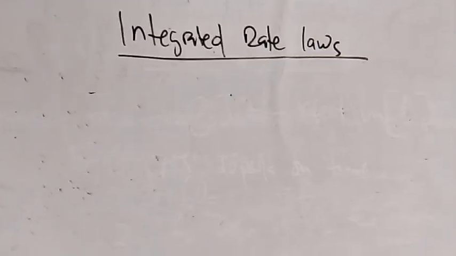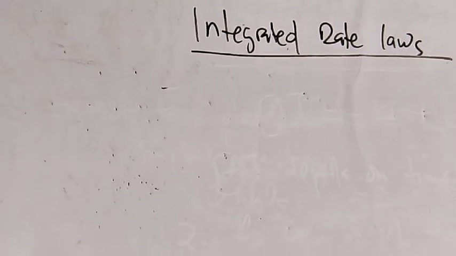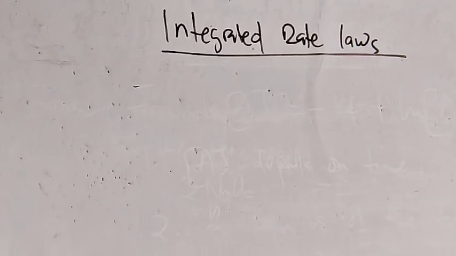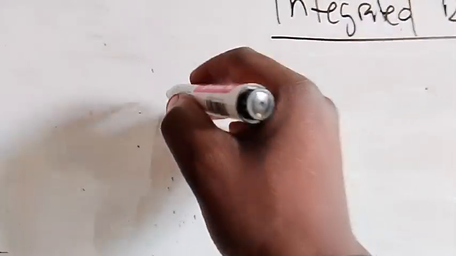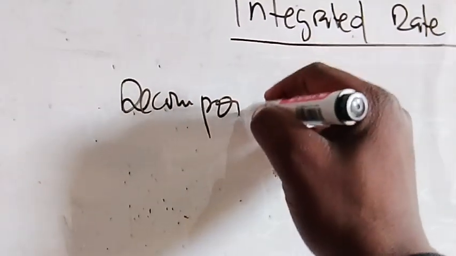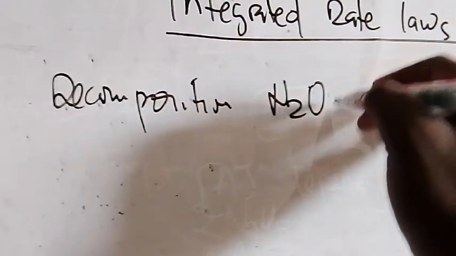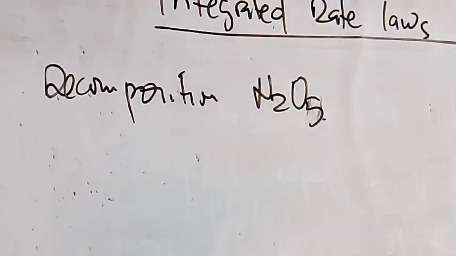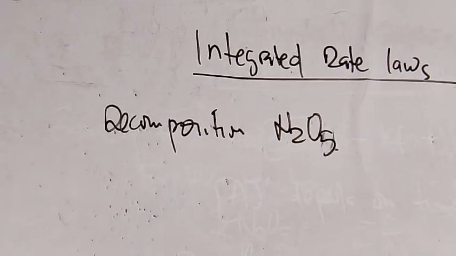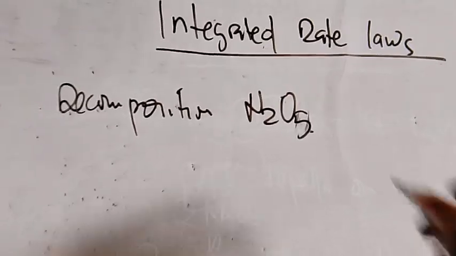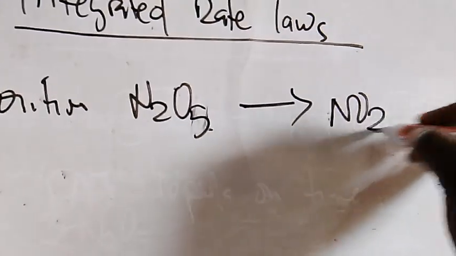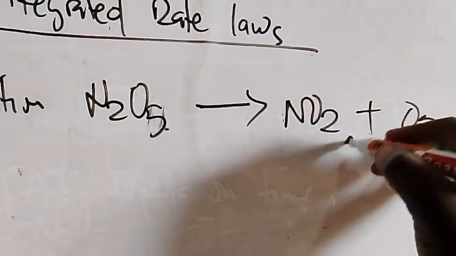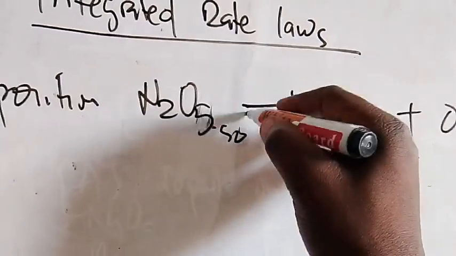So let's have an example. Let's see how we can use the data to verify whether the data is for a first order or second order or zero order reaction. Okay, so we are going to look at the decomposition of nitrogen pentoxide, which gives nitrogen oxide plus oxygen gas.